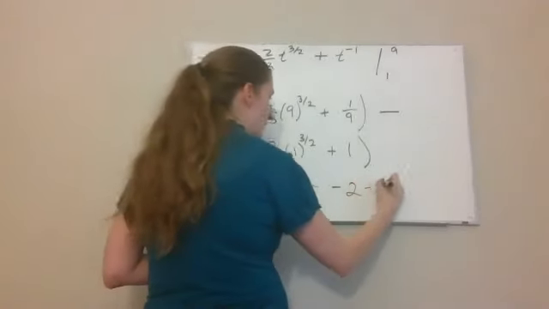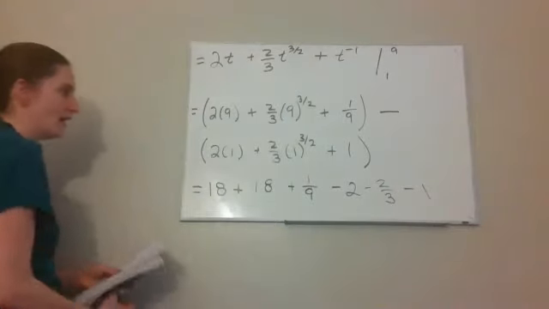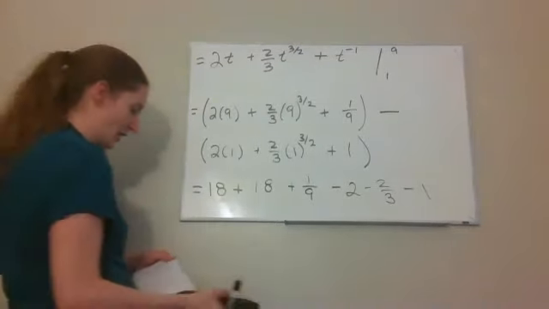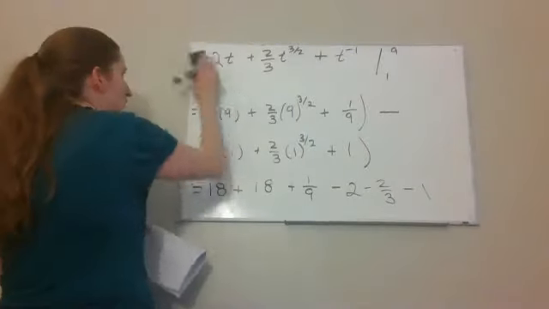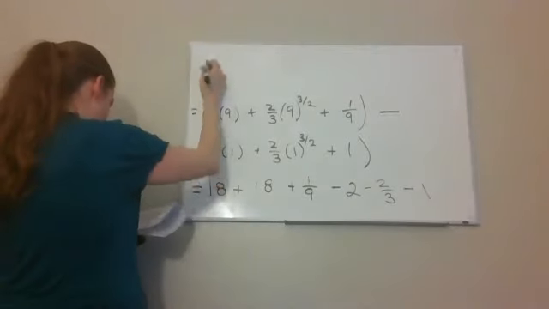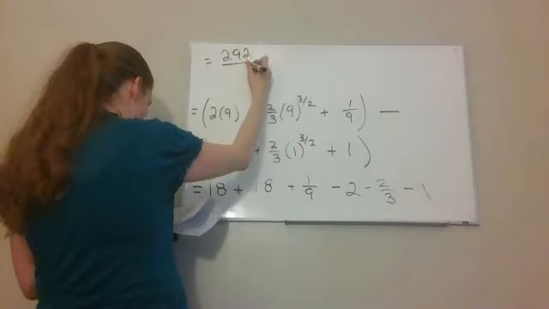This guy is going to be minus 2/3 and minus 1. And then I just have to combine all of that together, getting a common denominator when necessary. And when you do all of that adding and subtracting, your final answer should be 292 over 9.